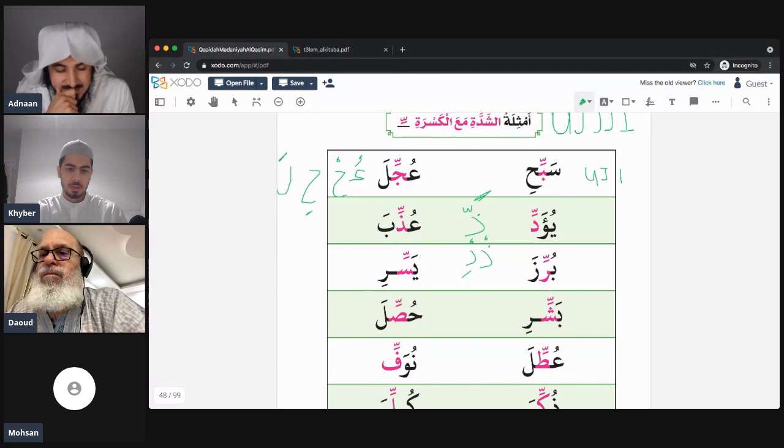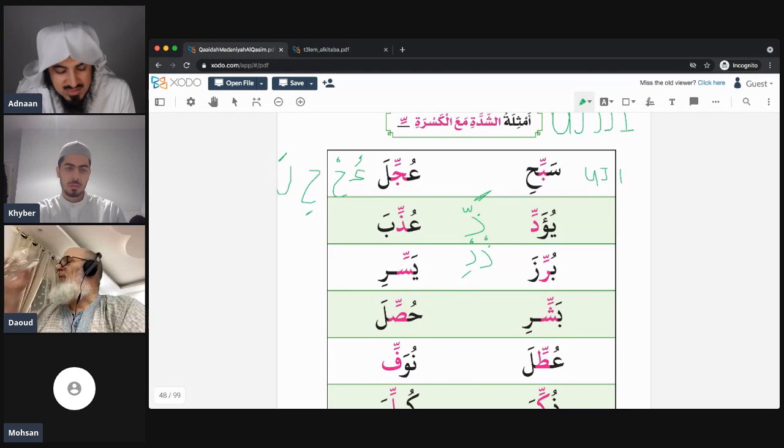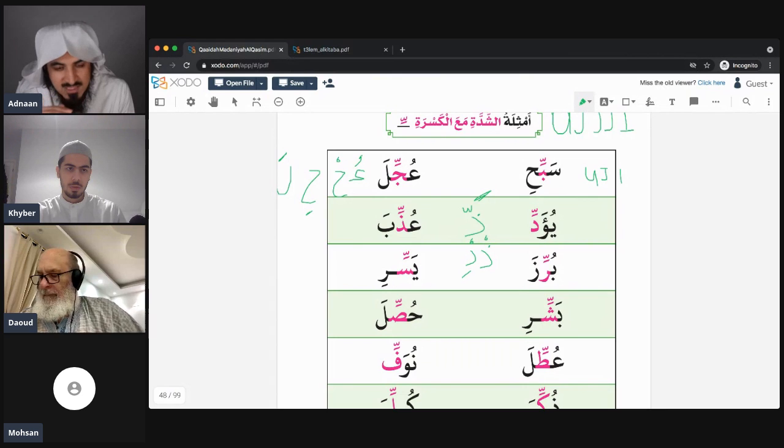Sheikh, I have a question. Do we pronounce the ra with an empty mouth or a full mouth? It depends what's on it. Zukkira. Is it empty or full? It's not empty, and don't overdo it. It's in the middle. It's a normal fatha.